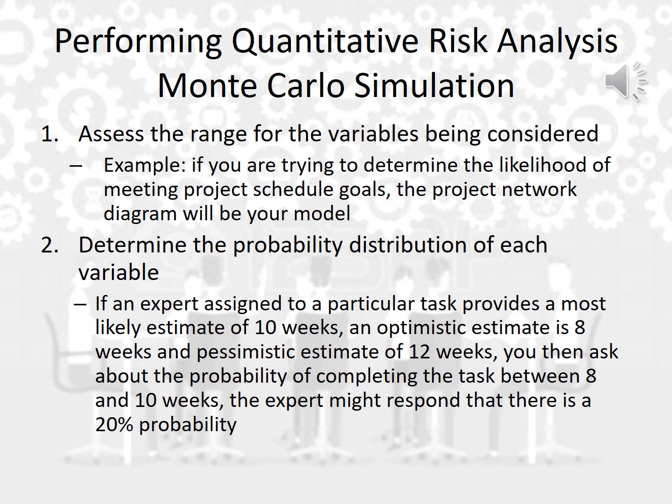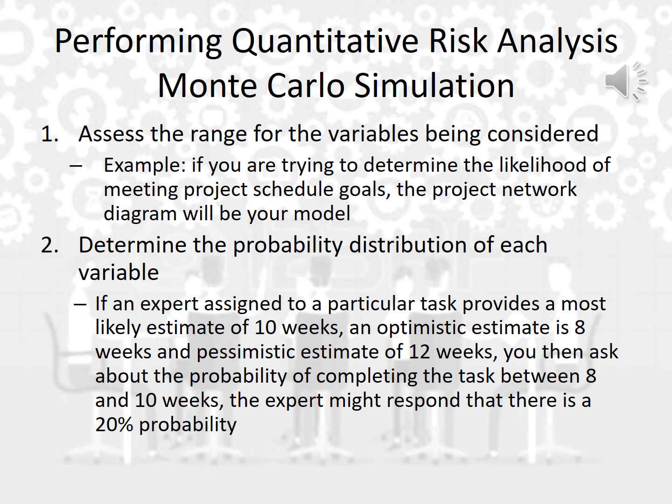So here, if an expert assigned to a particular task provides a most likely estimate of 10 weeks, an optimistic estimate of 8 weeks, and a pessimistic estimate of 12 weeks. Here they are giving you an example. They said that an expert is given a particular task to be done. That task might take 10 weeks to finish. That's the most likely, the expected.